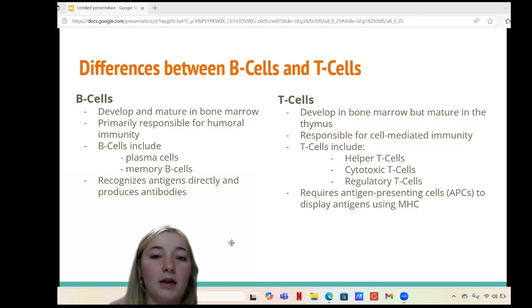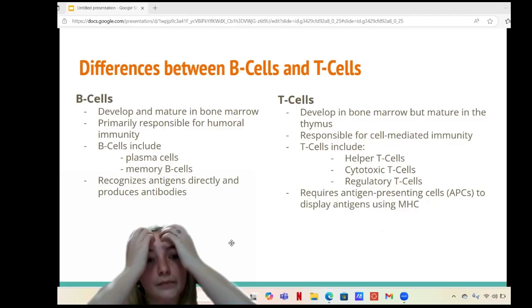The B cell does not require antigen presenting cells, known as APCs, as the T cells do, and it is not required to display antigen using MHC.